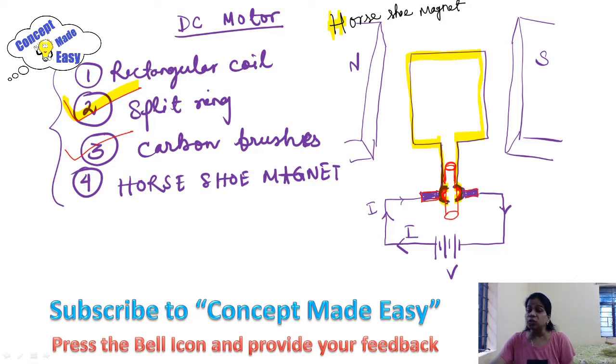So the split rings are insulated inside just to connect the axle through this gap. This is the axle or the shaft. When the motor starts rotating, this axle also starts rotating.